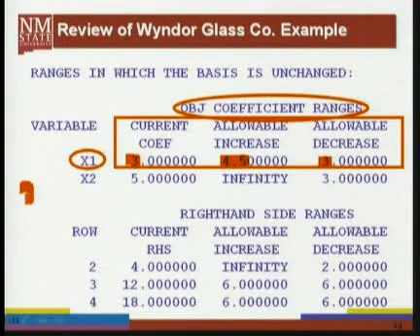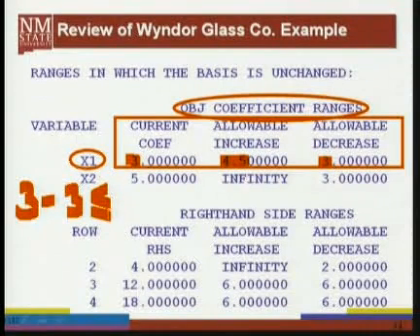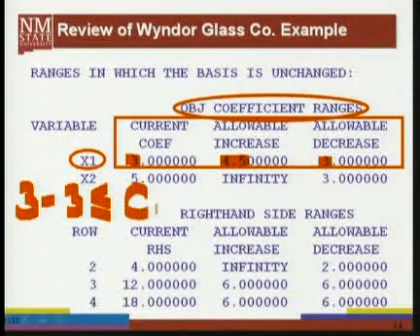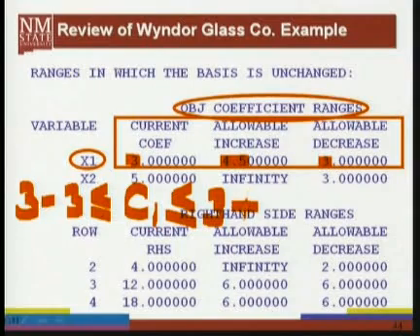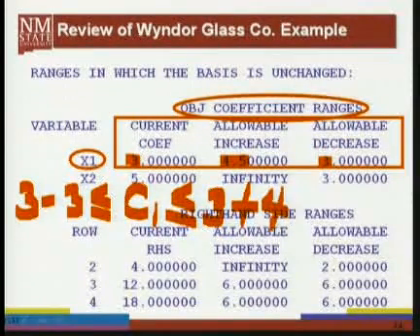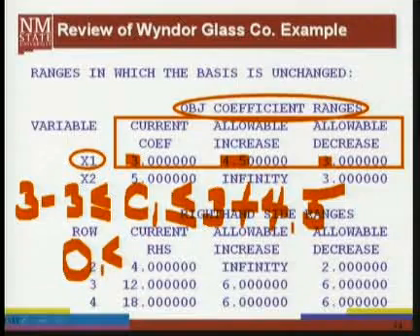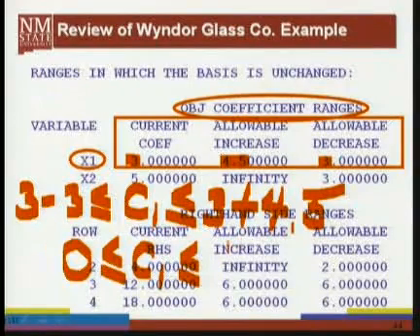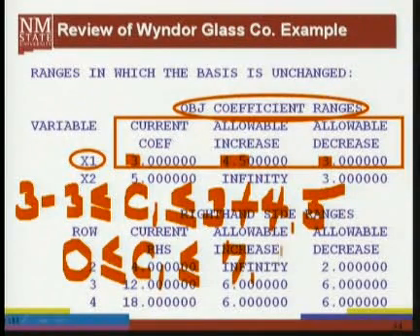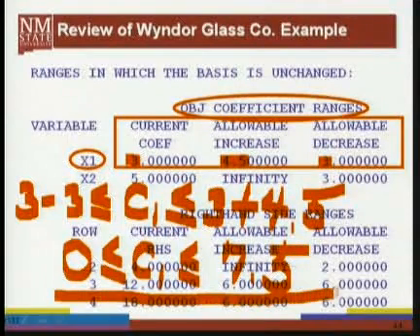So 3 minus 3 is less than or equal to C1, and C1 is less than or equal to 3 plus 4.5. And this becomes C1 must be greater than or equal to 0, but less than or equal to 7.5. Okay? We've got this result already.